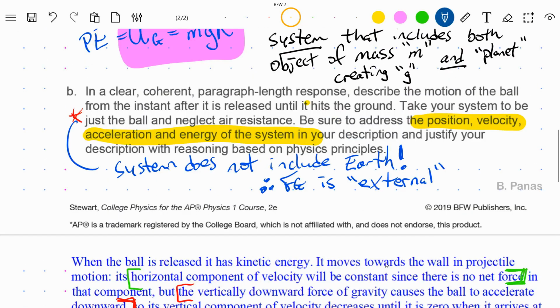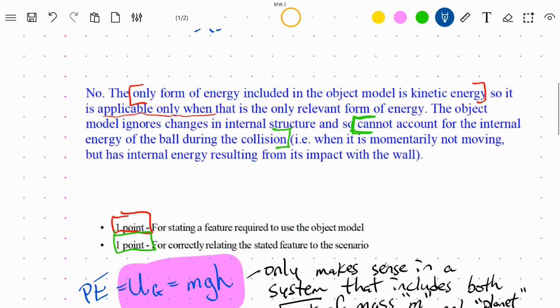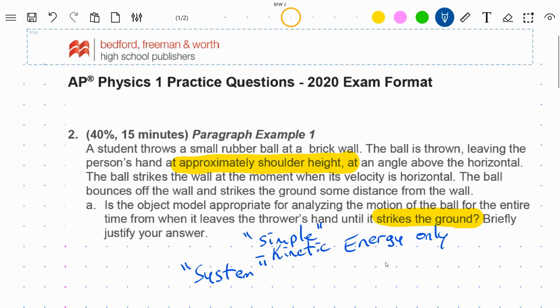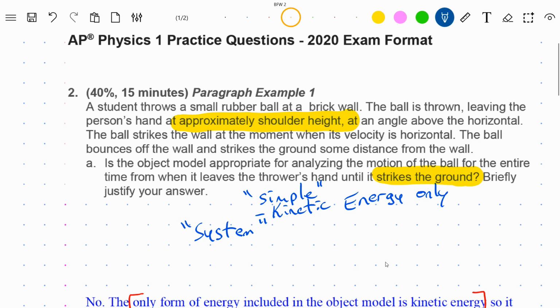When I was reading the original description of how it moves, that kind of jumped out at me. Just to remind you of that, analyzing. Okay, right here, it strikes the wall at the moment when its velocity is horizontal. That jumped off the page at me when I read it for the first time, indicating to me that it was at its maximum height that it would have reached even without an impact.